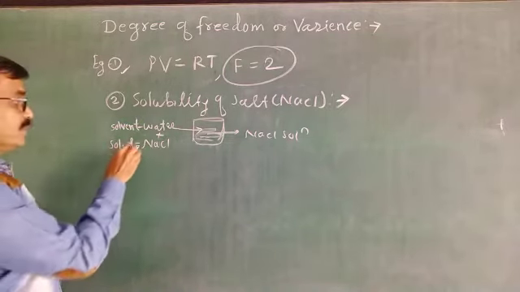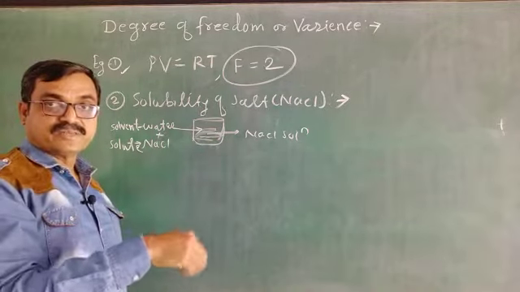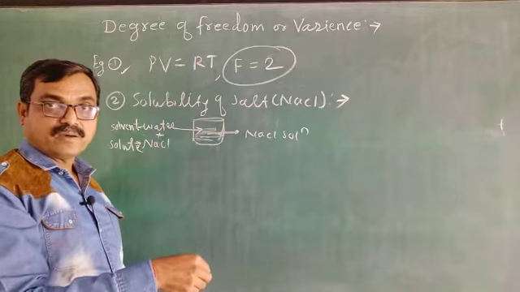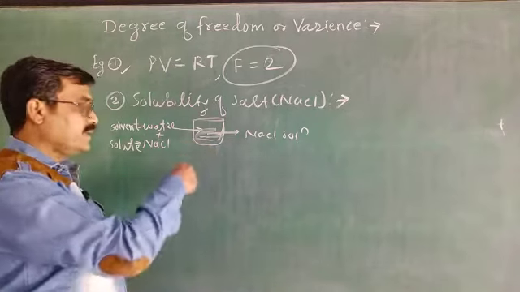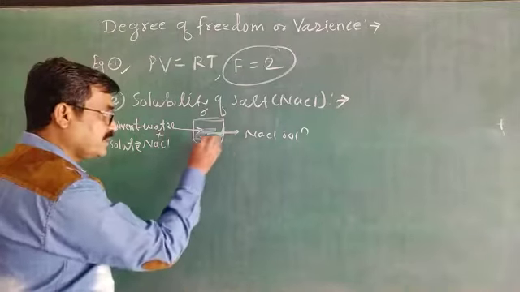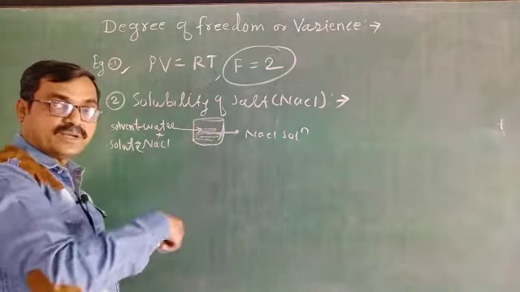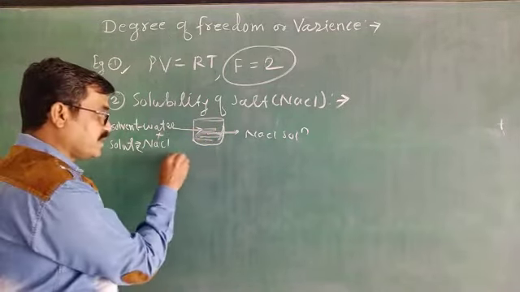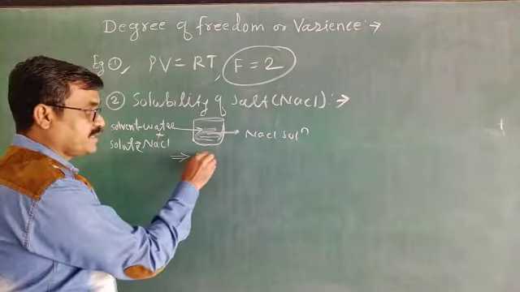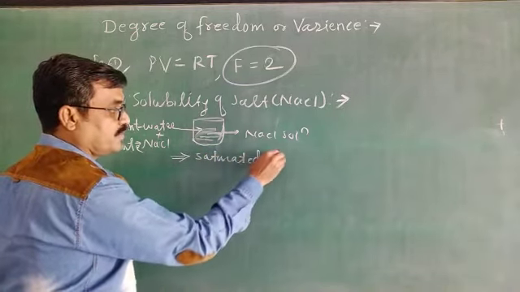Now it is added and allowed to stir. A homogeneous solution is formed. Then again NaCl is added, and as the addition of NaCl continues with stirring, one stage comes where we can say that this is a saturated solution of NaCl.